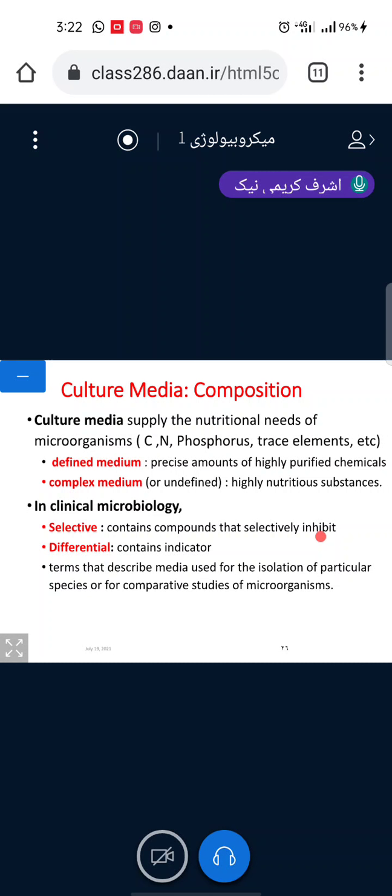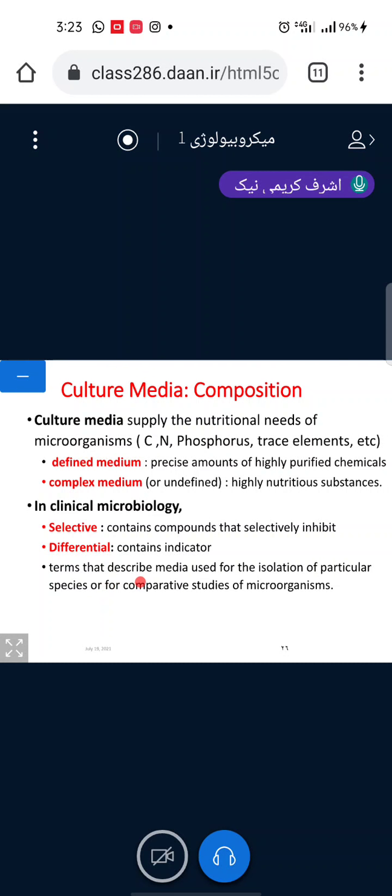Differential media contain an indicator. You can see, for example, lactose fermentation, glucose fermentation, H2S production. These media are differential.